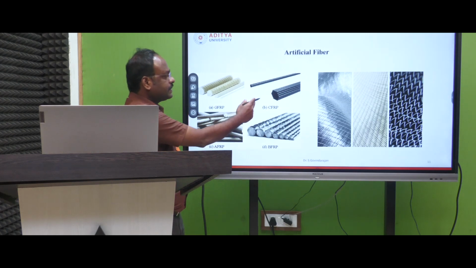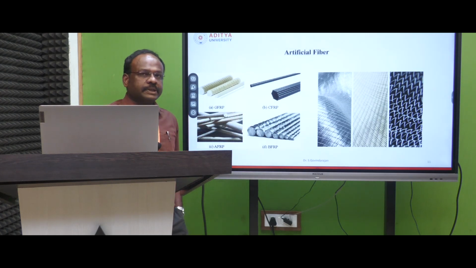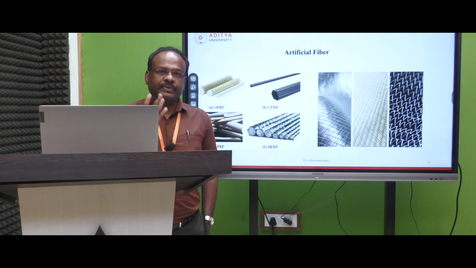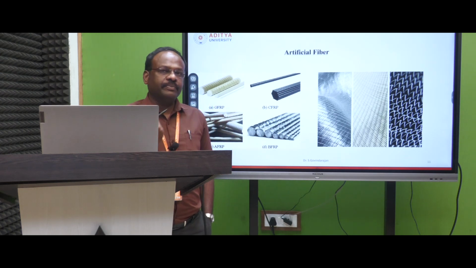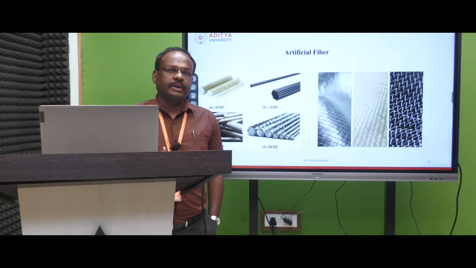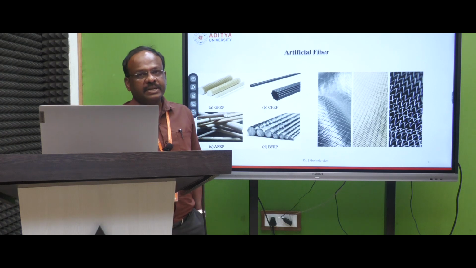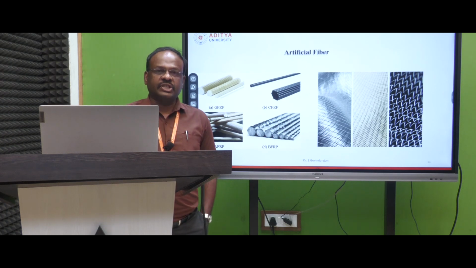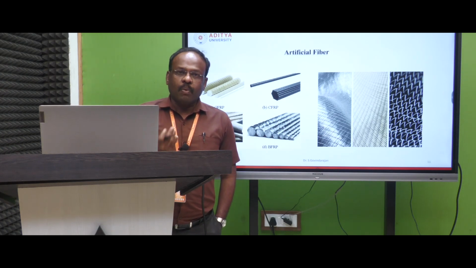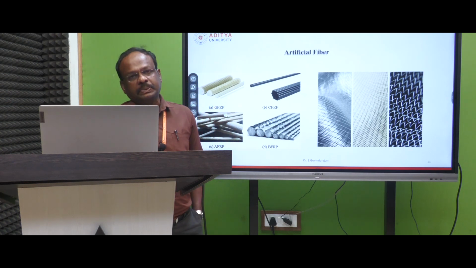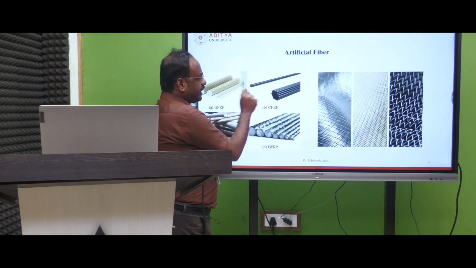So for the reinforcement, suppose in our normal building we use a 12 mm rod and 8 mm stirrups. These resist only a certain load. But when we go for artificial fiber reinforcement, surely it gives more strength. It is not easily breakable. Why? Because the tensile strength value is more than normal concrete and normal steel also. So we use it for reinforcement.